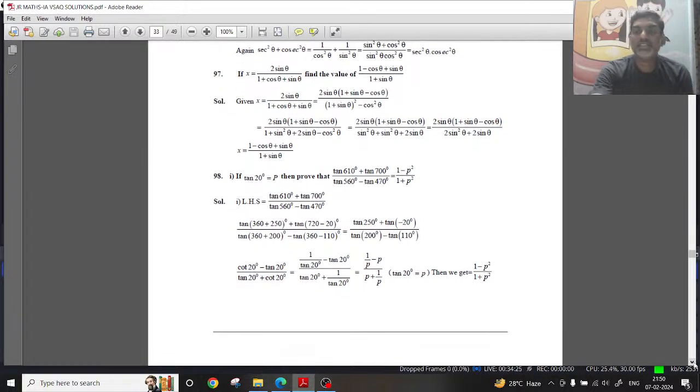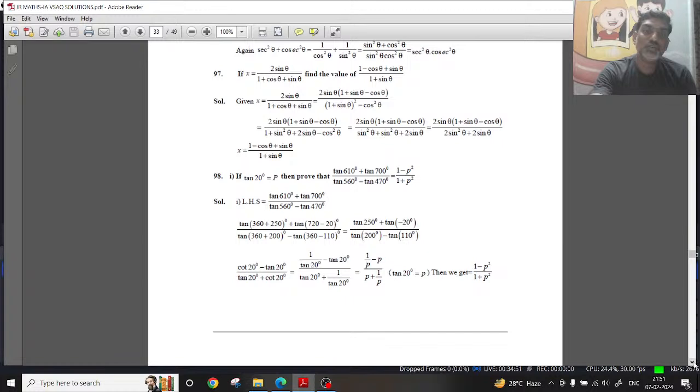Tan 20 degrees is P, then prove that tan 610 degrees plus tan 700 degrees divided by tan 560 degrees minus tan 470 degrees equals 1 minus P square divided by 1 plus P square. So here 610 degrees can be written as, first let us see how much more it is than 360.